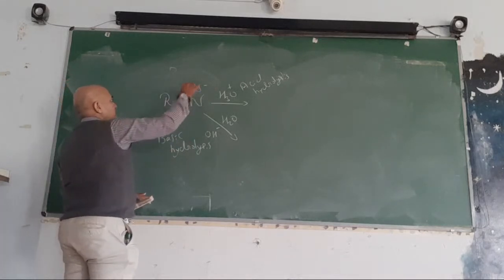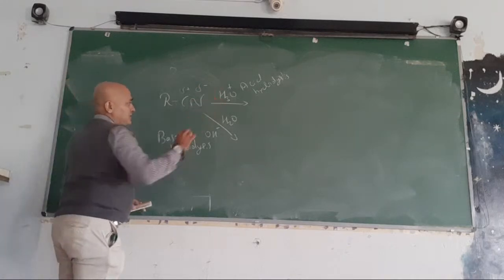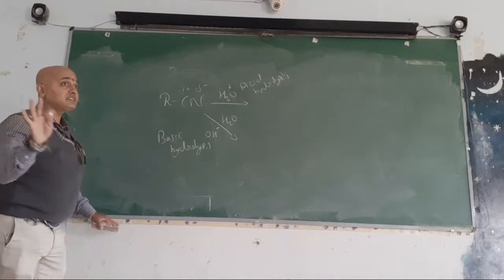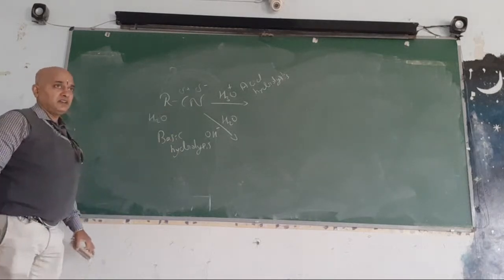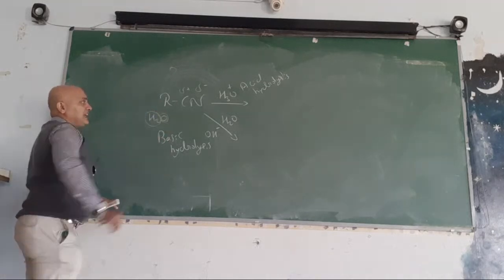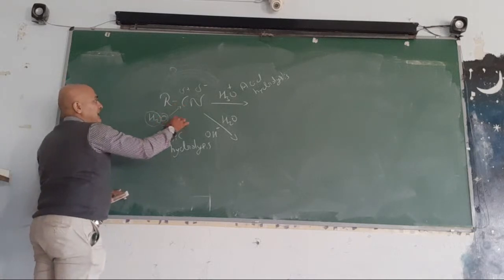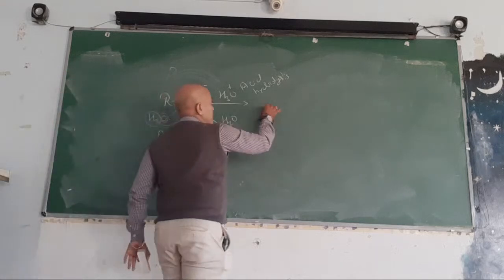And carbon will be positive. Right? So if I take water, now it's only for your understanding purpose, don't write these things in your exam. So if I take water, okay, now we have a positive part here and we have a negative part. Okay, so it will go to this carbon and it will come to this nitrogen.